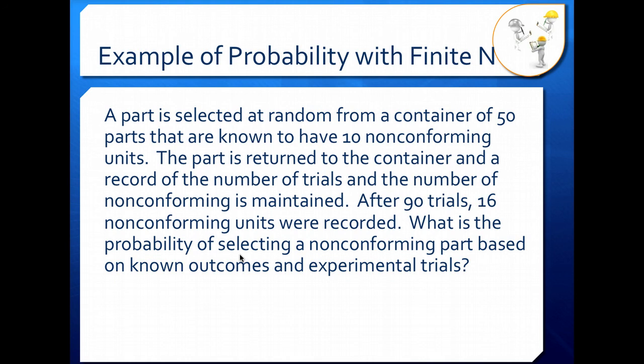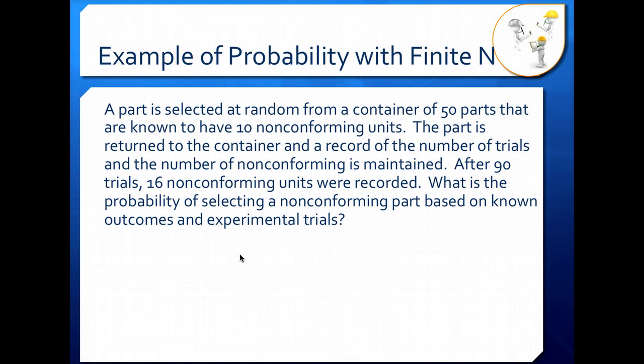So we pick a part, we return it to the container, and we record the number of trials and the number of non-conforming. Keep in mind that we still only have 50 parts total, and we know that only 10 of those are non-conforming. We're going to use this when we calculate probabilities. We do this 90 times, and we find 16 non-conforming units. We want to figure out the probability of selecting a non-conforming part based on the known outcomes and the experimental trials.